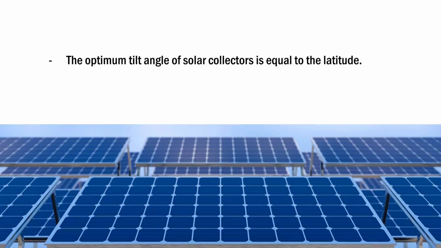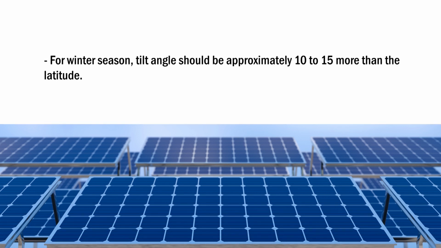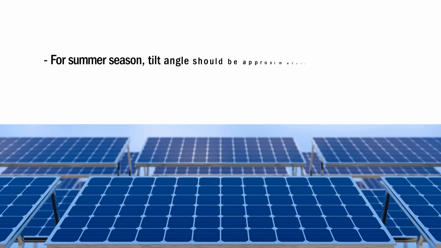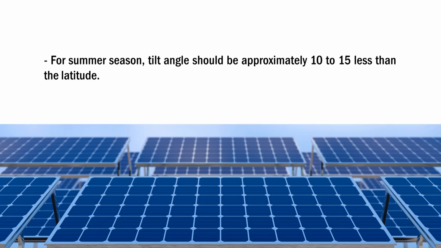The optimum tilt angle of the solar collector is equal to the latitude. For the winter season, the tilt angle should be approximately 10 to 15 degrees more than the latitude. If we talk about summer conditions, the tilt angle should be approximately 10 to 15 degrees less than the latitude.